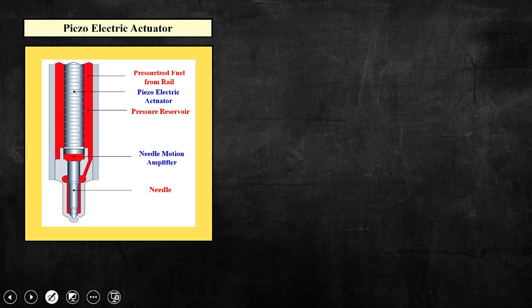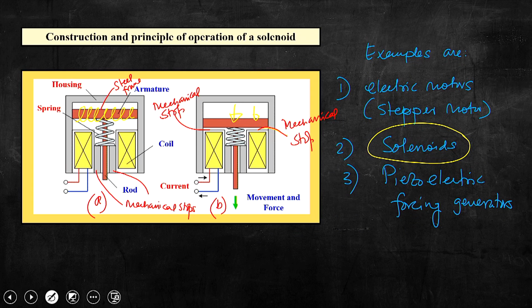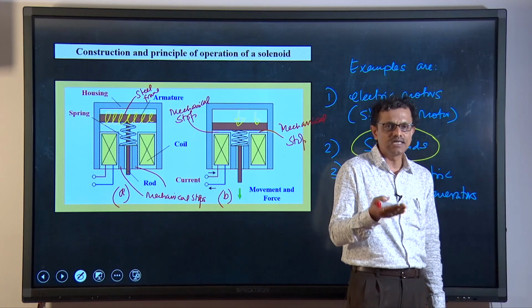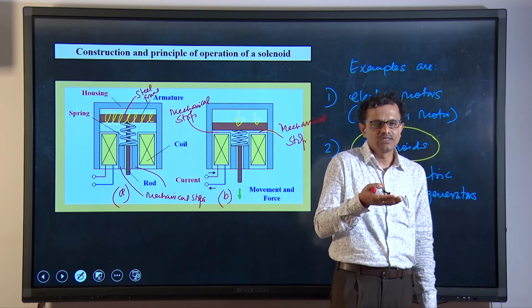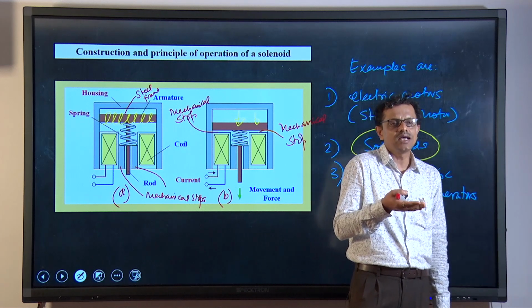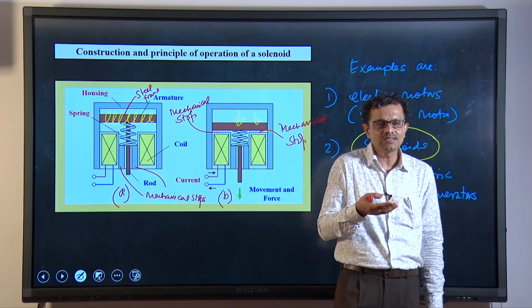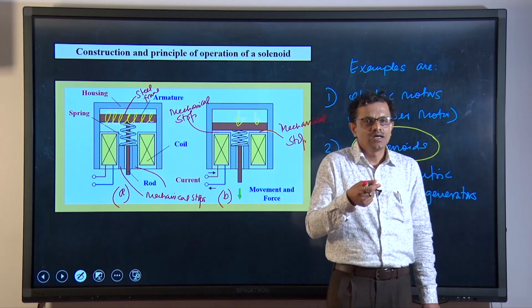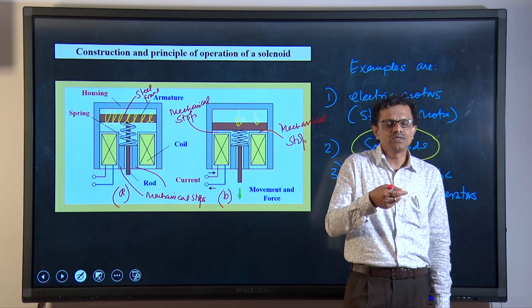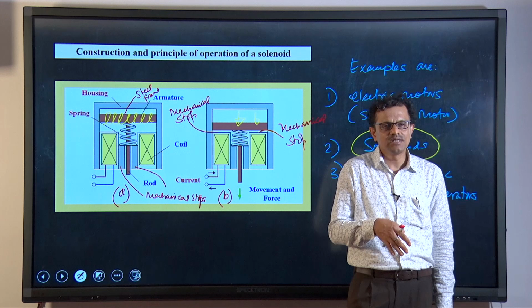As we mentioned in one of the slides before, piezoelectric materials can generate some force by virtue of the expansion of piezo crystals. If we allow current to flow through the piezo crystals, they will expand, and if we discharge the current, they will come back to their original position.